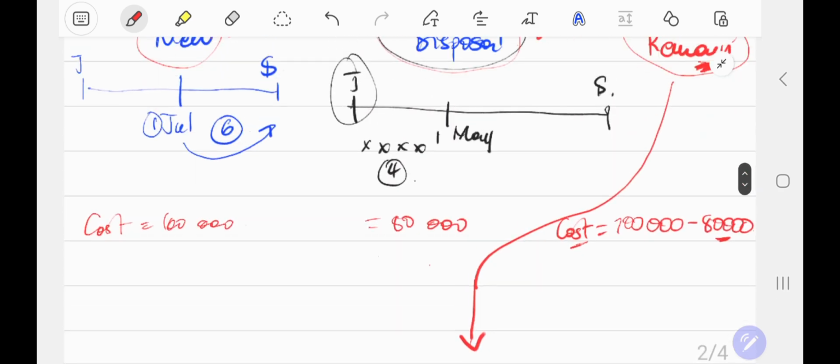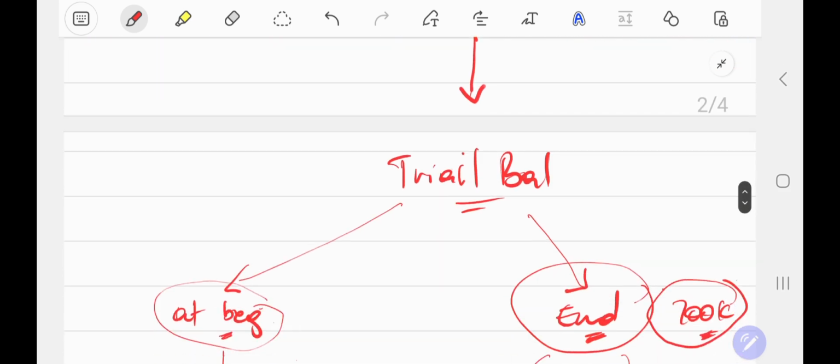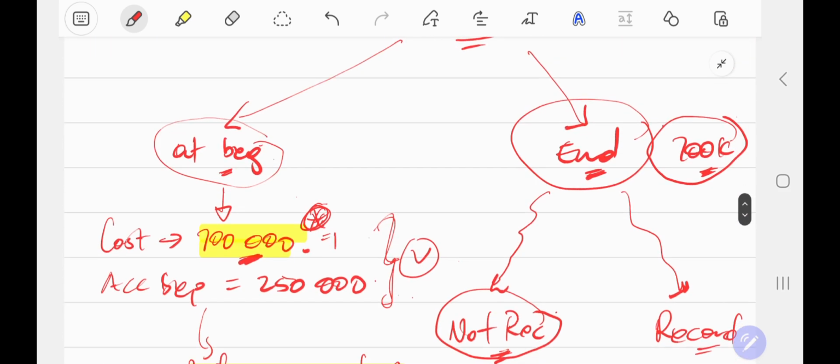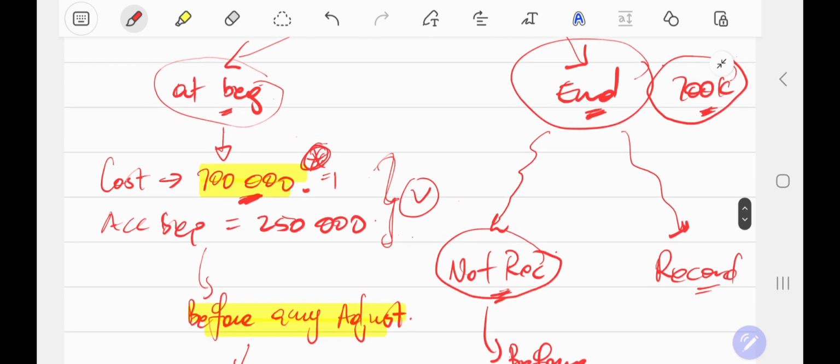So if you then sell an asset during the year, you still need to subtract its cost from the other vehicles that are there. And if you are given the balances at the end, you need to check from the question if the transaction was recorded or not.